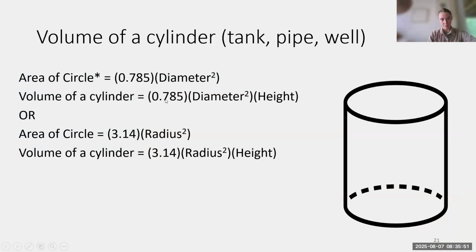You can either do pi or 3.14 times the radius squared, or you can do 0.785 times the diameter squared. And either one will give you the same answer for area. But because we're working with volume, we have this added dimension of height. So we also will multiply that by height in both cases, no matter which one we go with.